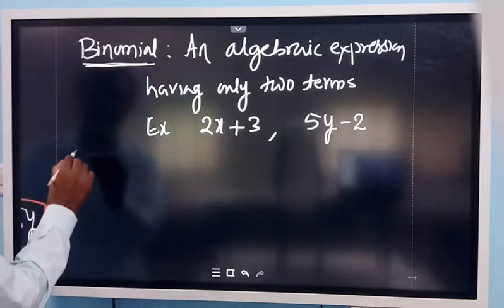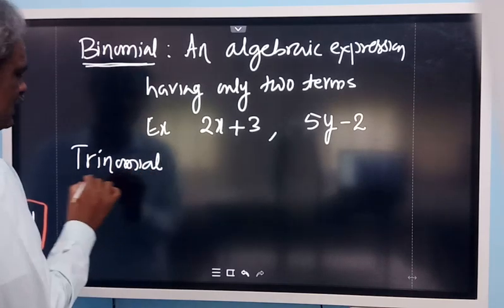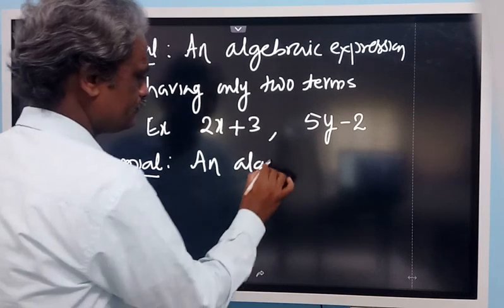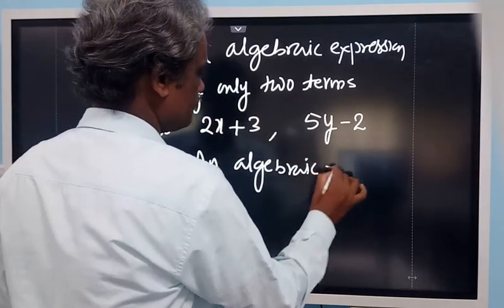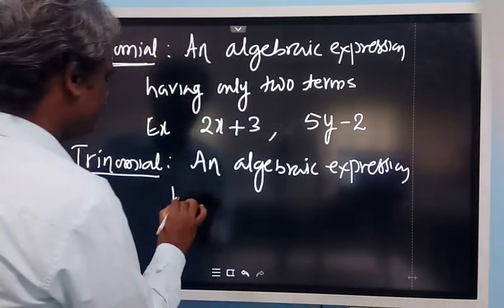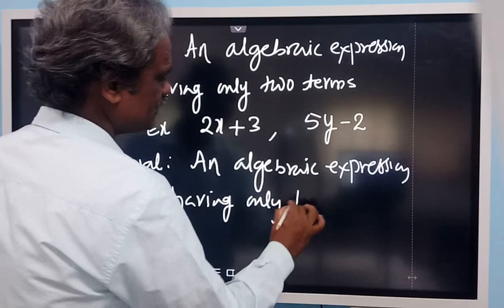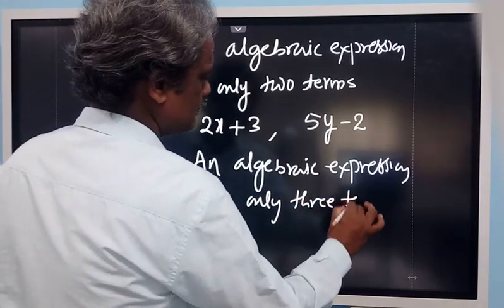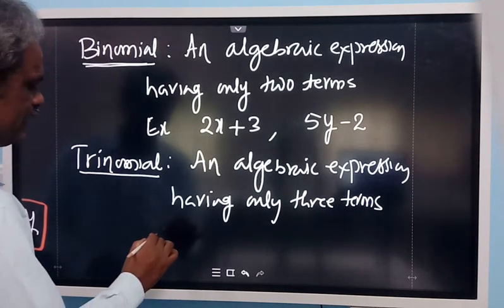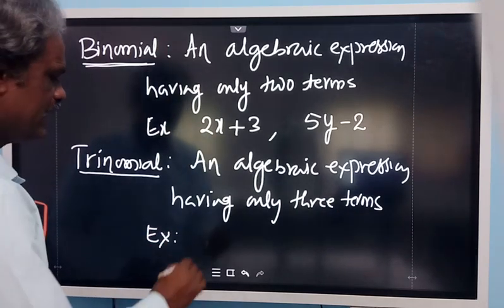Then the same way, trinomial also. Trinomial: an algebraic expression having only three terms is called a trinomial.